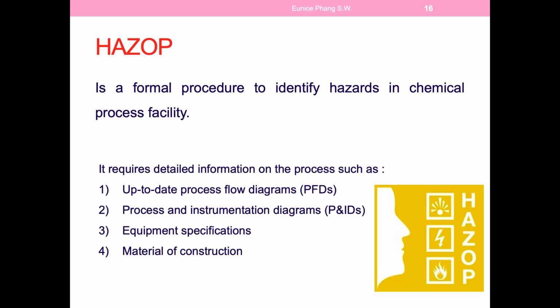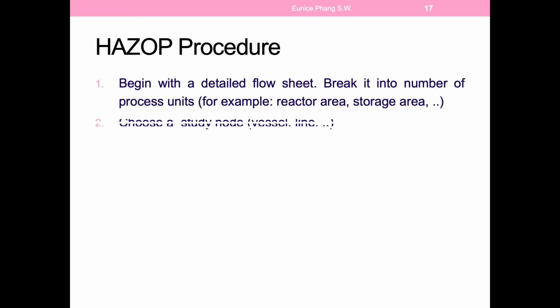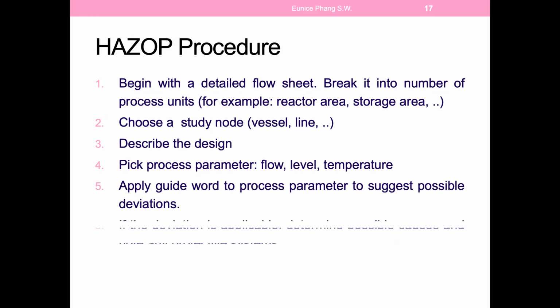The process flow diagram will tell you the process itself, and the PNID will tell you how it is connected, what the valves are, and all the additional instrumentation, especially the control system, that is added on to the PFD. And then you also need to know the equipment specifications and the material of your equipment, and of course your M&E balance, your material and energy balance. Those are what is needed.